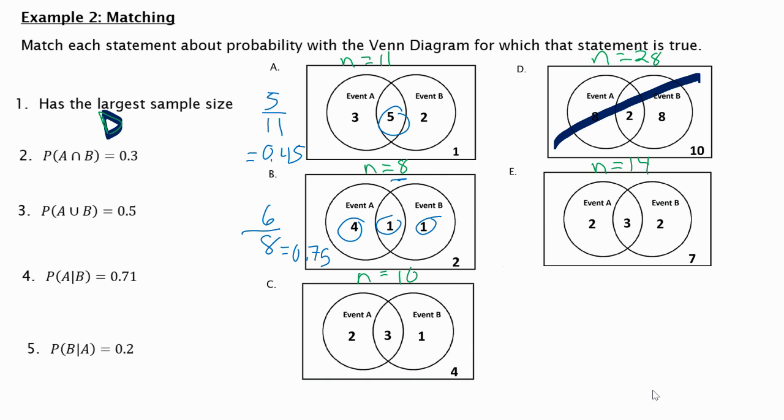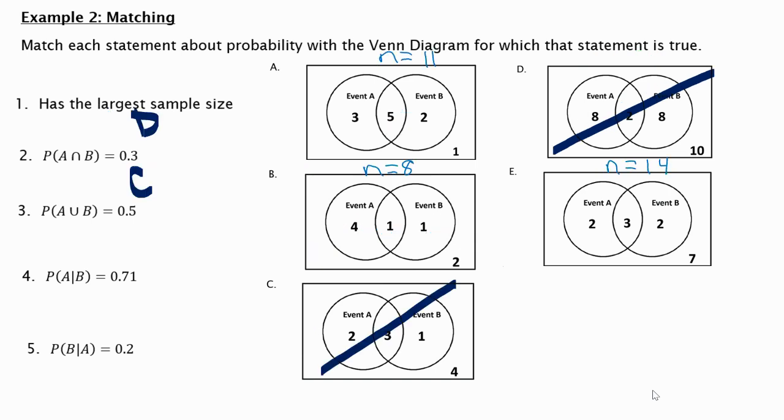For the next one, again, our intersection value is 3 over 10, and that would be 0.3. That happens to be the one we're trying to match. So for number 2, you'd have a letter C, because that's the Venn diagram where the probability of A and B is 0.3.